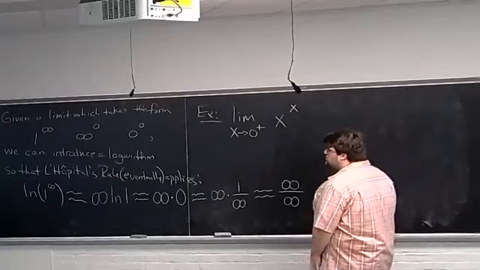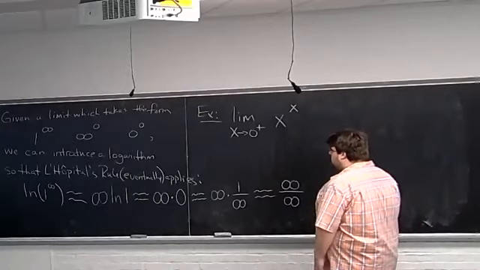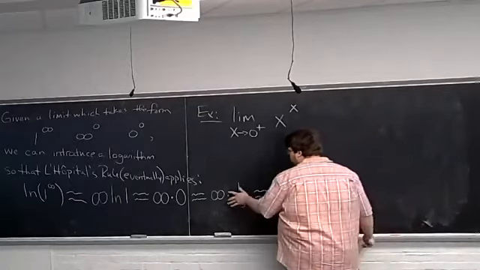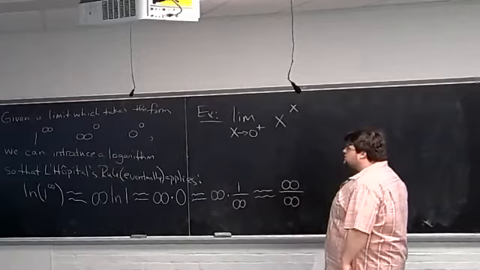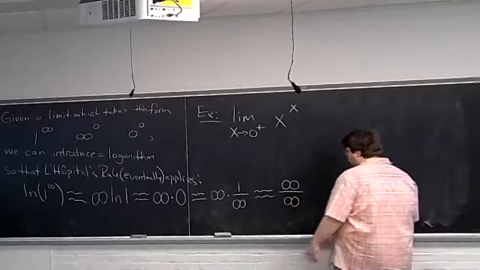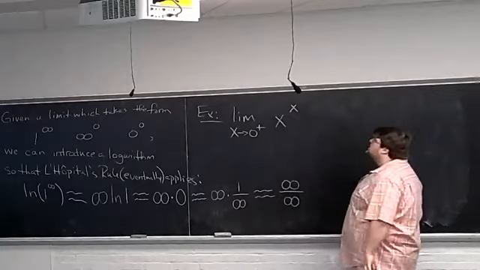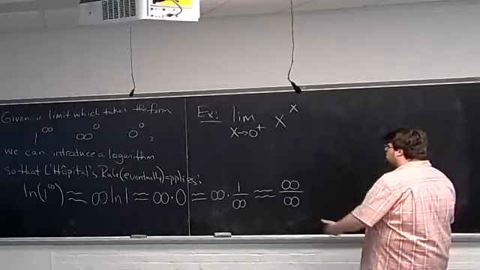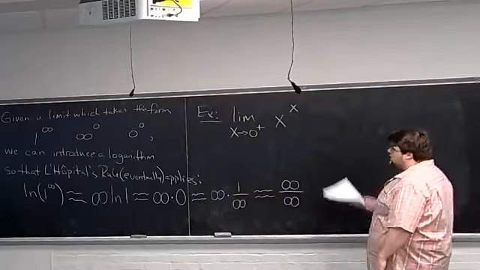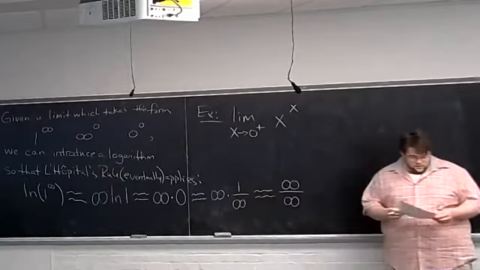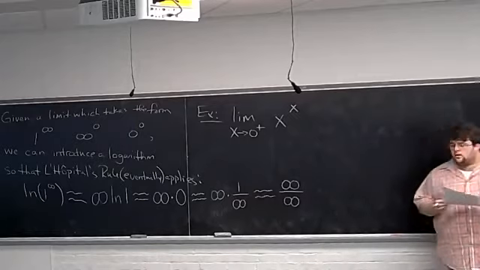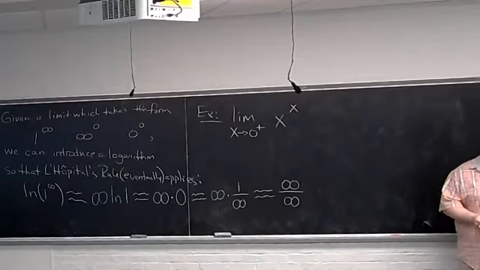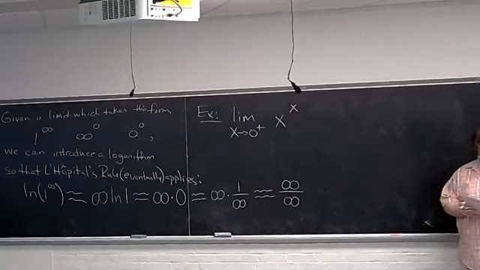The second one would be 0 times log infinity, which you can then do one of these two again. 0 to the 0 would be 0 times negative infinity, and you can do one of these again. But let's see what this looks like with an actual example. Let's use this example. But the first thing we notice here is that introducing a logarithm creates a new function.